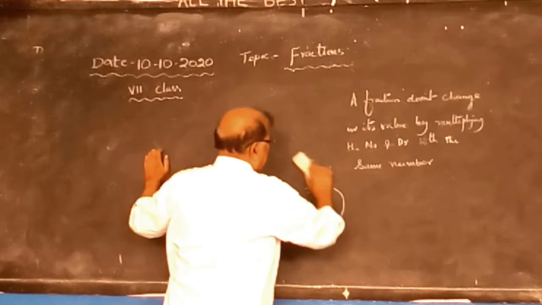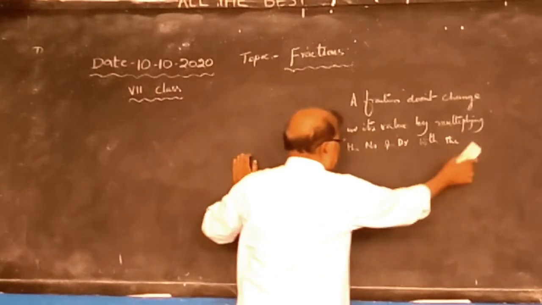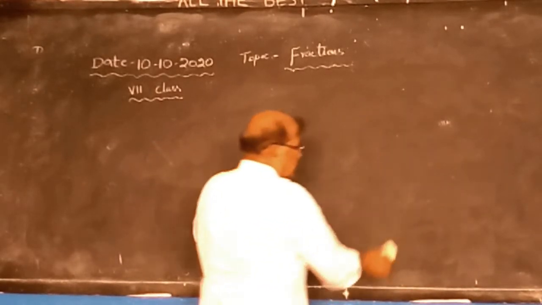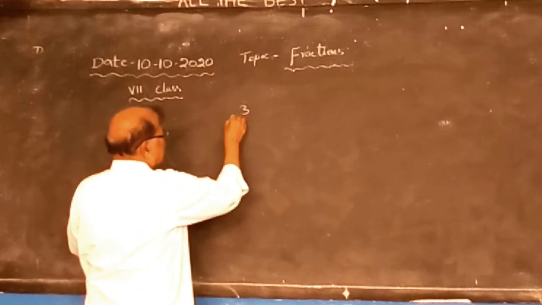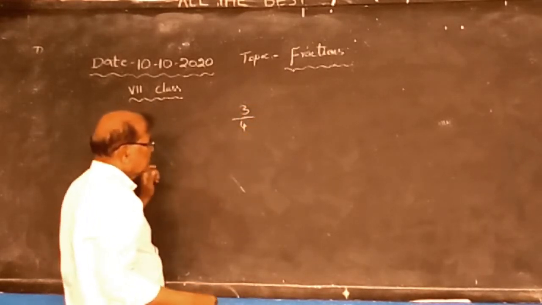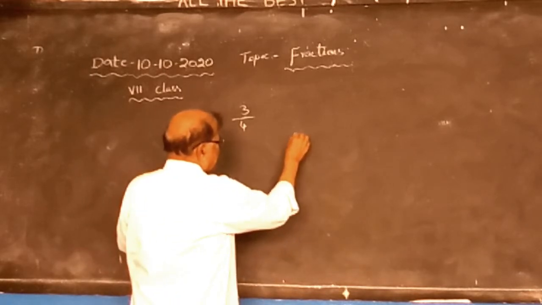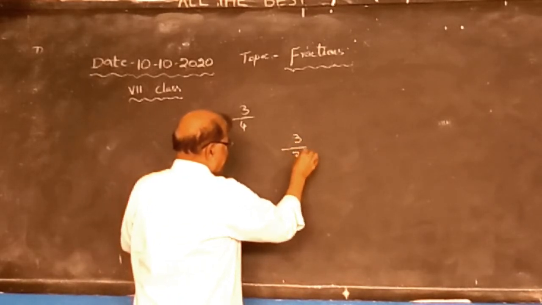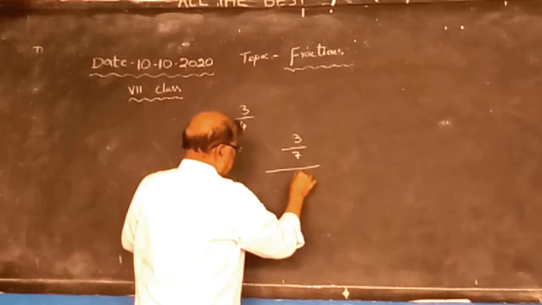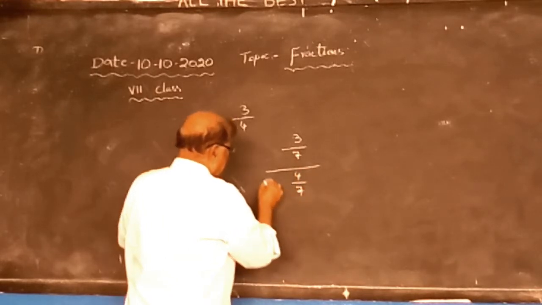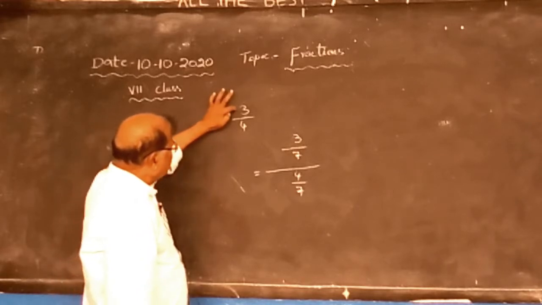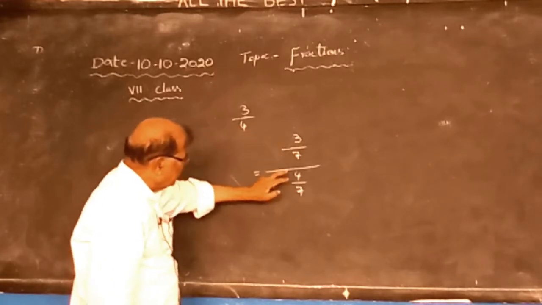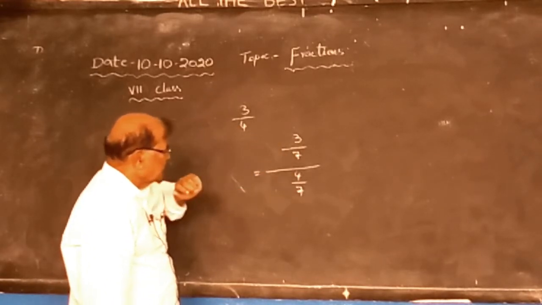And the second one, you take another one. Let us see. Say take 3 by 4. 3 by 4 is a fraction. So 3 is divided by 7 and 4 is divided by 7. So what are you doing here? You are dividing the numerator and the denominator by the same number, 7.